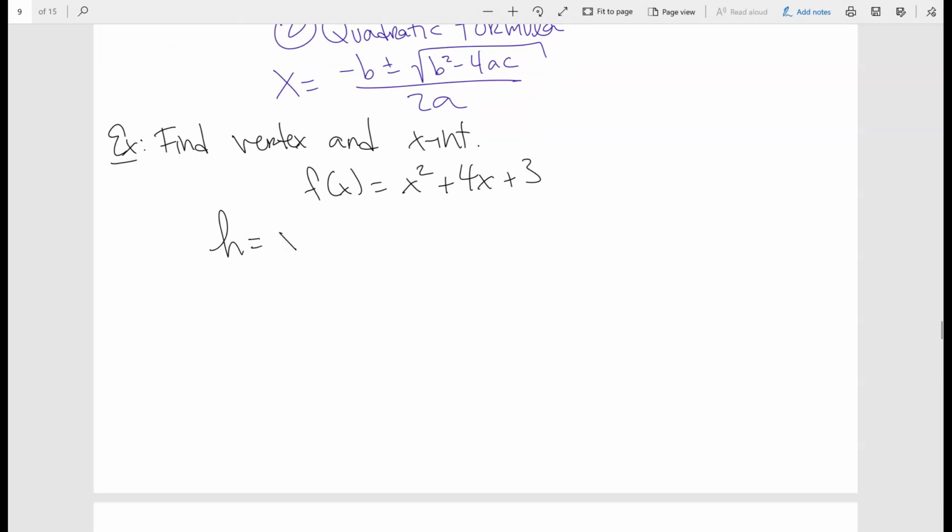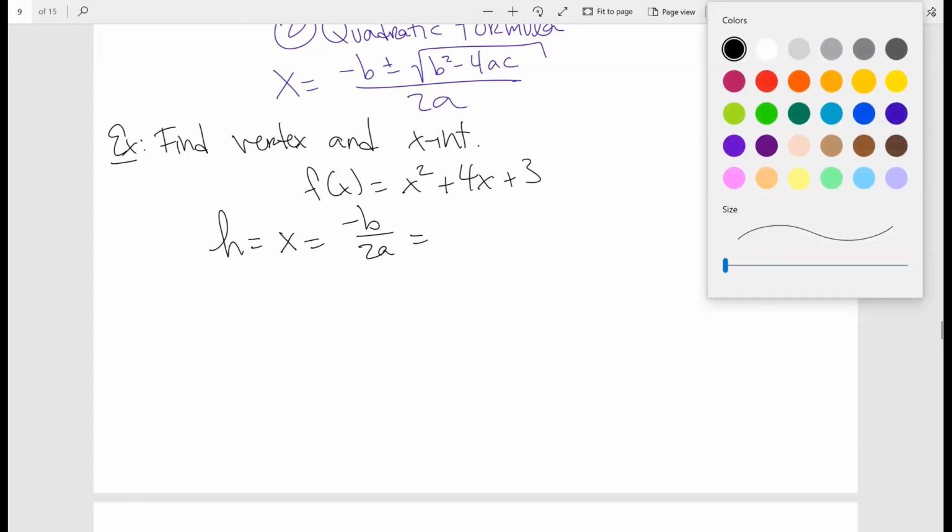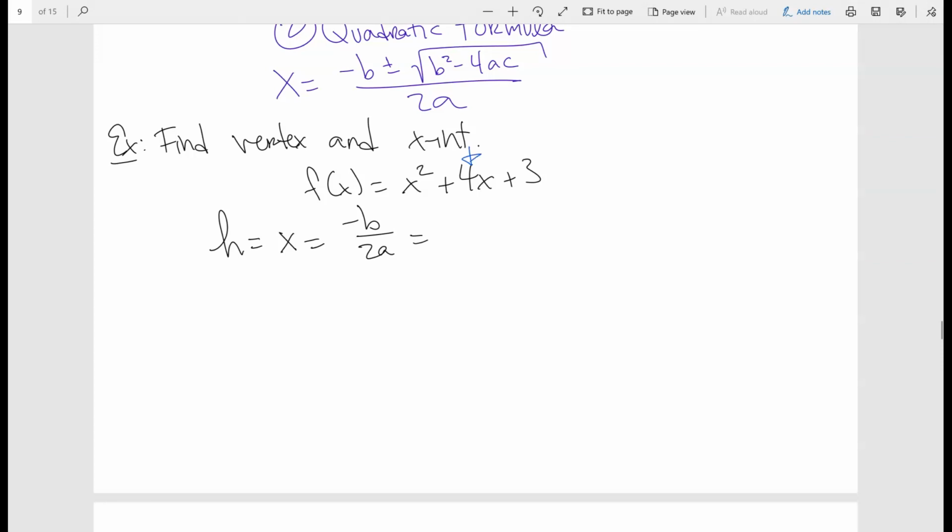H is x, which is negative b over 2a. Our b term is the number in front of the x, which is this 4. So you have a negative, and then a 4 divided by 2a. A in this case is 1. So it's negative 4 divided by 2, which gives me negative 2. That is our h.